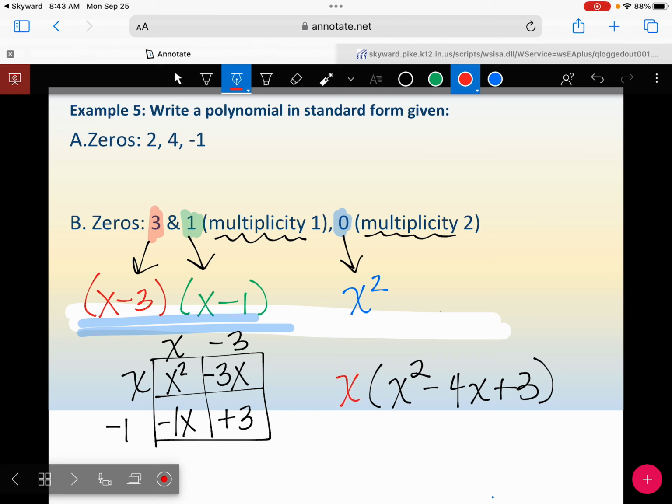And then the x squared comes down to the front. Go ahead and distribute that x squared. And that's your final answer.